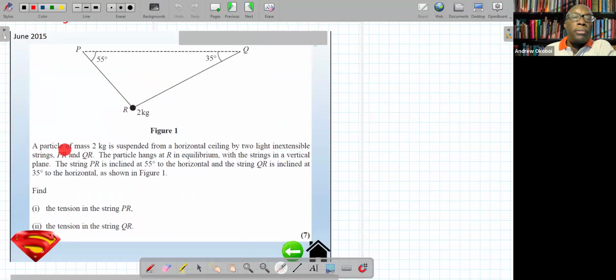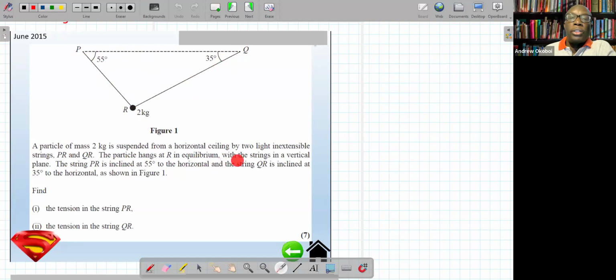This is a particle that has a mass of 2 kilograms. So this is the particle here. It's suspended from a horizontal ceiling here by 2 strings, inextensible strings. So the strings don't stretch. This is the first string PR, and this is the second string QR. The particle hangs at point R in equilibrium, which means it's not moving left or right or up or down.